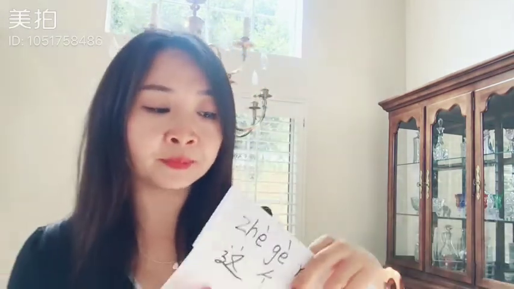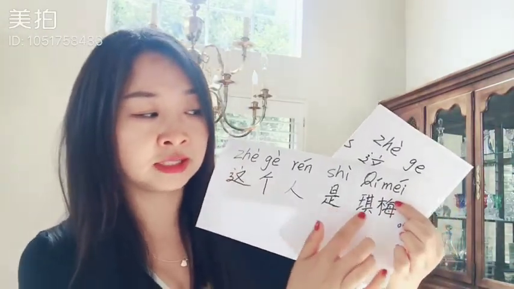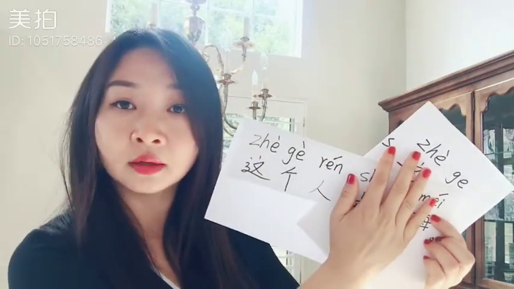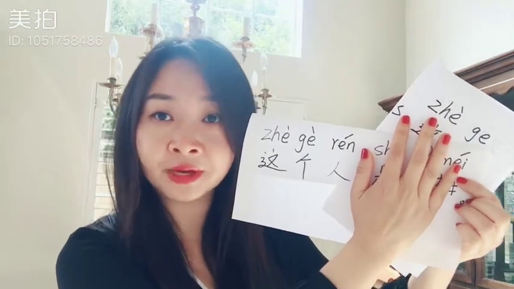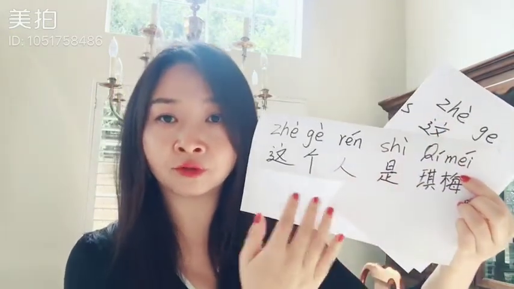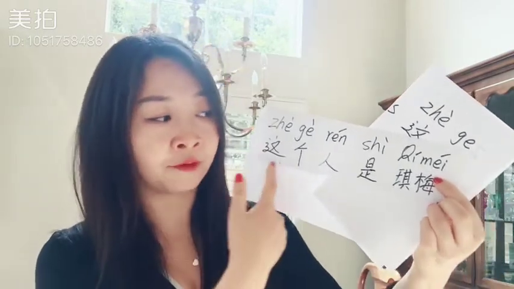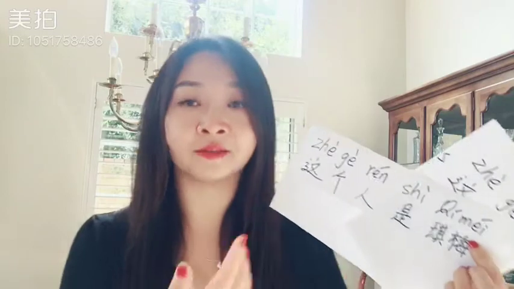Let's look at the sentence. 这个人是齐美. When you say 这个人, it means this person, but the sentence is not finished yet. So you probably have to add some more description after 这个人, like, oh, this person is 齐美, or this person is Vivian.